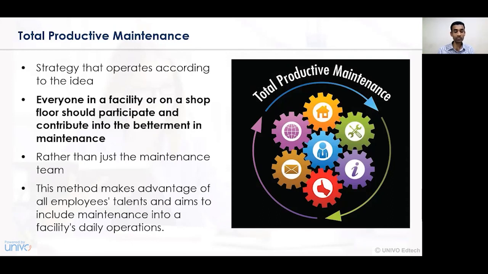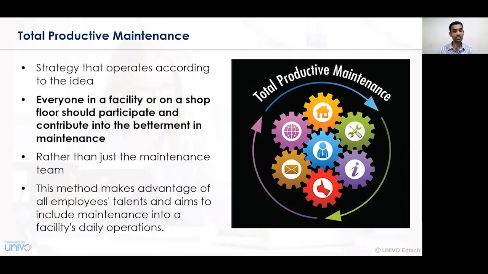Strategy that operates according to the idea. So there's a certain business idea that has been generated in a business organization, and when that idea is being operated, the strategy used to operate it is called a strategy. Everyone in a facility or on a shop floor should participate and contribute in the betterment of the maintenance.